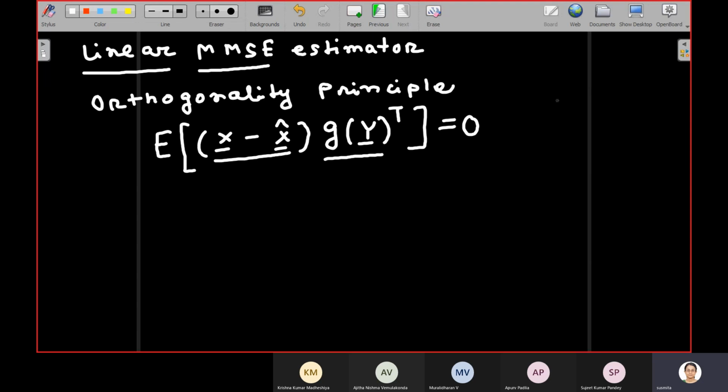Now let's compare this with the deterministic case. We know that for two vectors x and y, this is the x transpose y, and if x and y are orthogonal, then this is 0, right? It says that x and y are orthogonal.